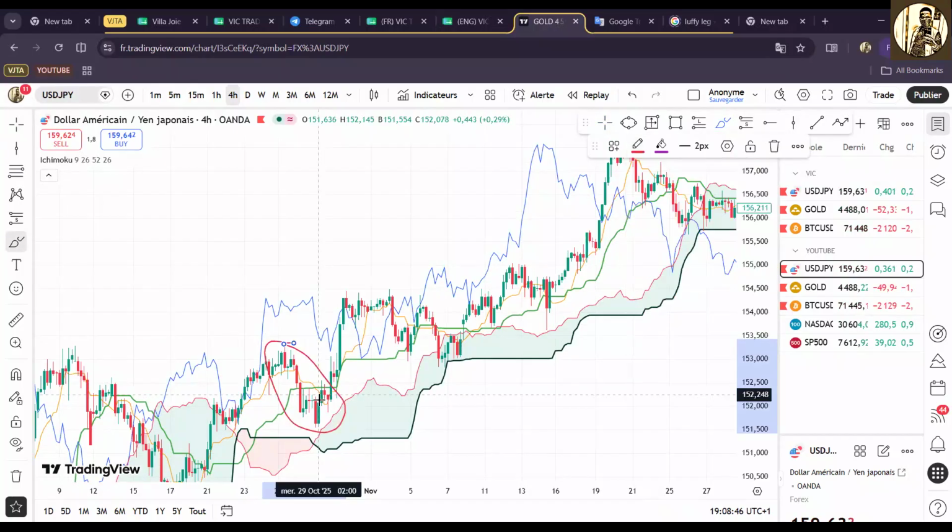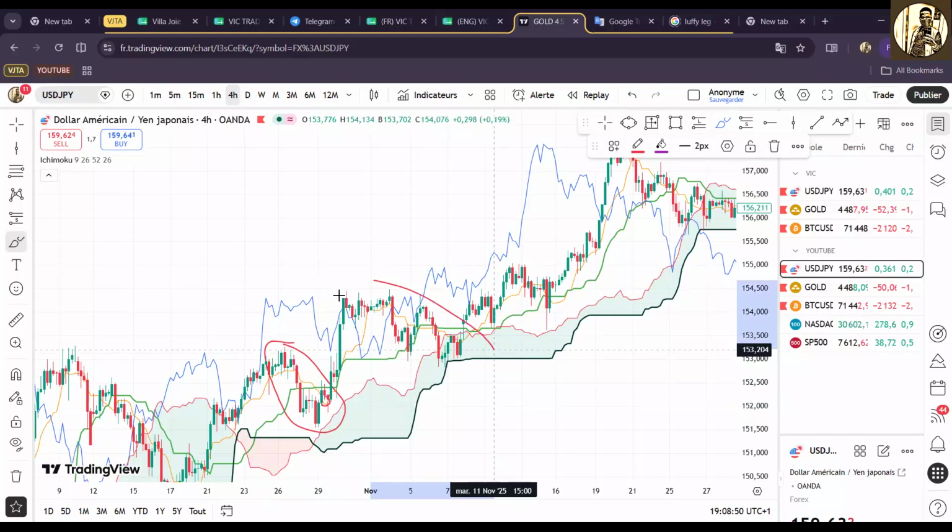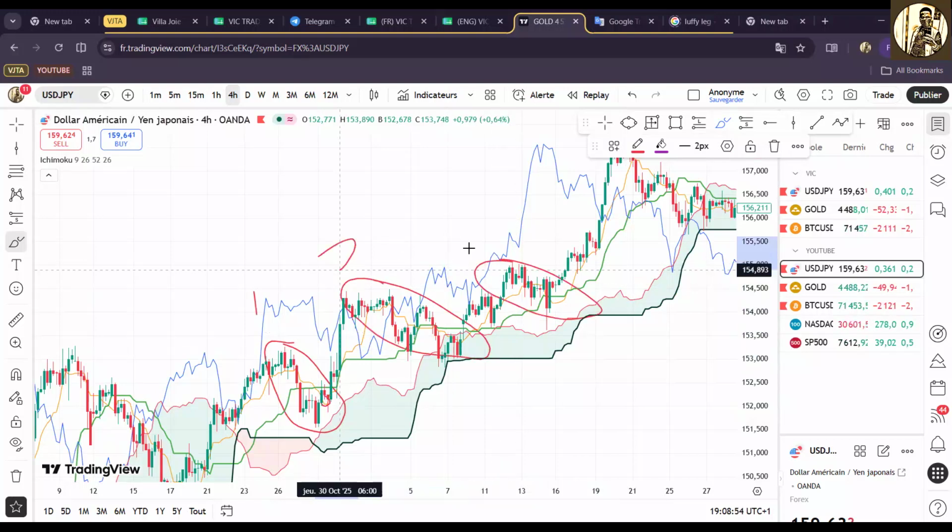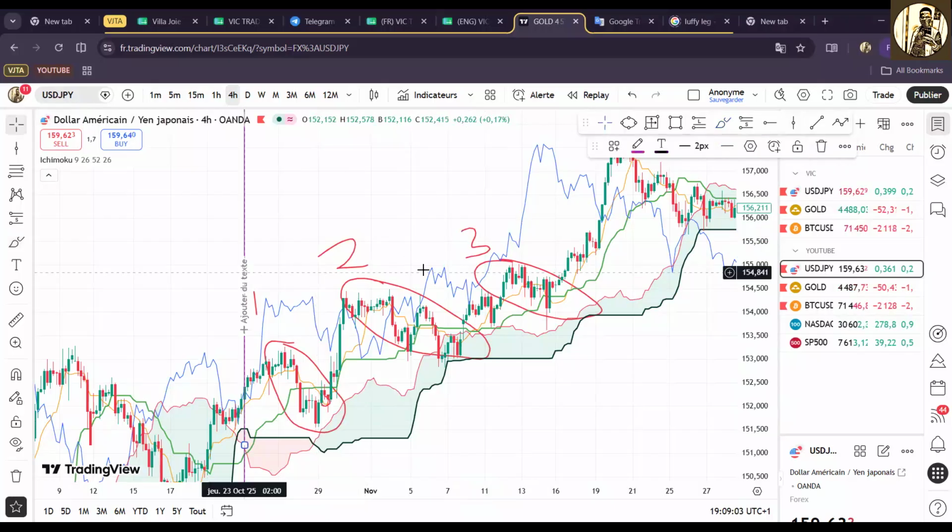You see that Tenkan goes below Kijun here. Correction number 2, correction number 3. So what I'm saying is that the first 3 corrections are the good corrections because it shows that there is still momentum for the price to go up in three time frames above.